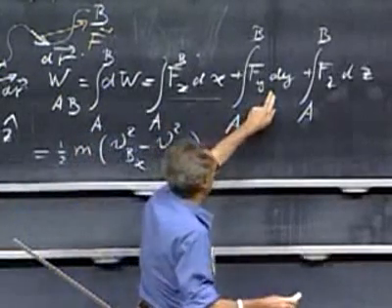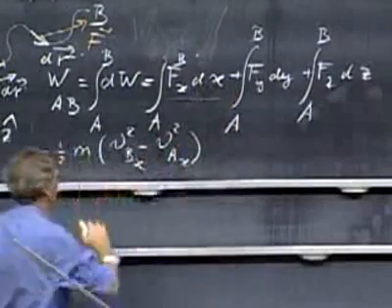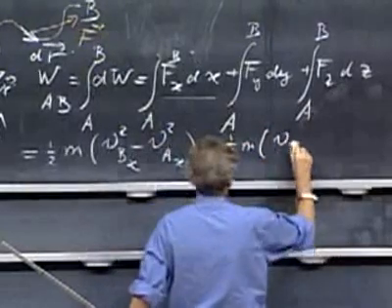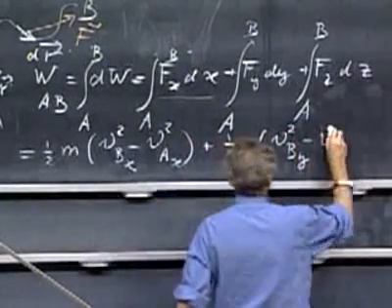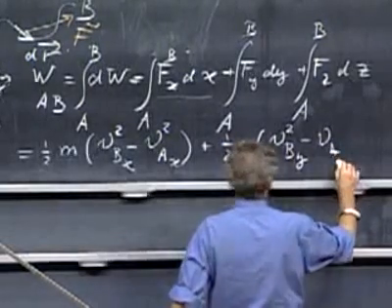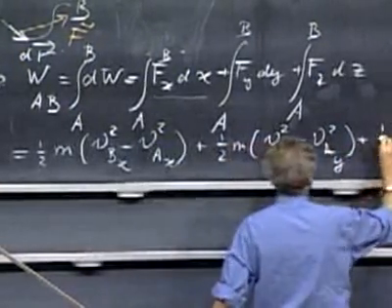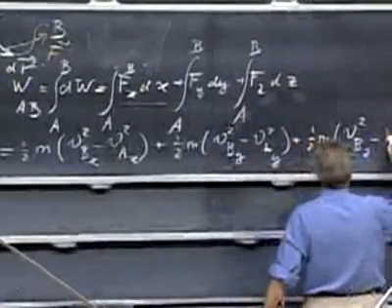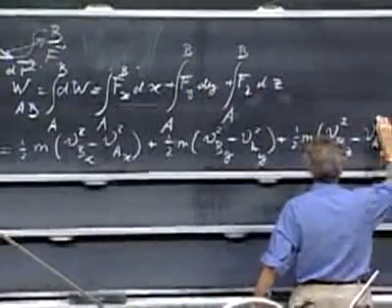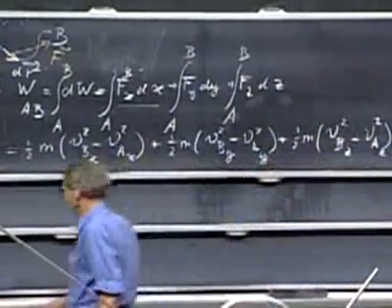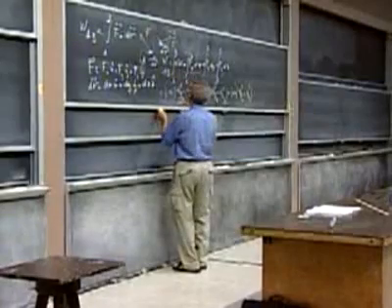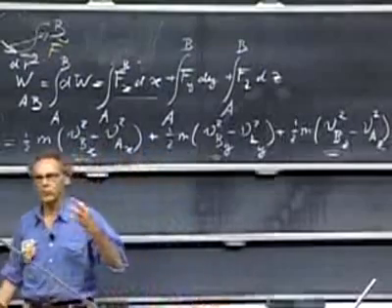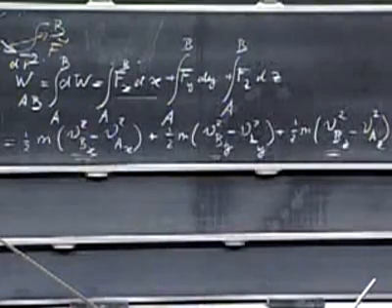This is also a one-dimensional problem now, except that now I deal with the y component of the velocity. So I get 1/2 m times vb y squared minus va y squared plus 1/2 m vb z squared minus va z squared. And now we're home free, because what you see here is v squared in the x direction, v squared y component, v squared z component, and if you add those three up, you get exactly the square of the velocity.